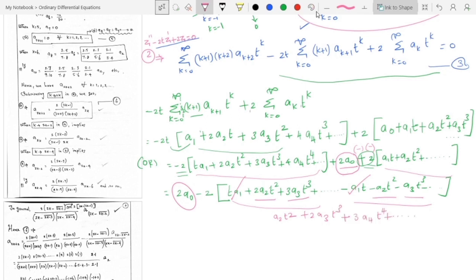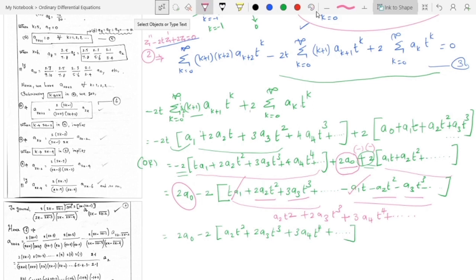Similarly 3a4 t power 4 plus and so on. After simplification: 2a0 minus 2 into a2 t square plus 2a3 t cube plus 3a4 t power 4 plus and so on.